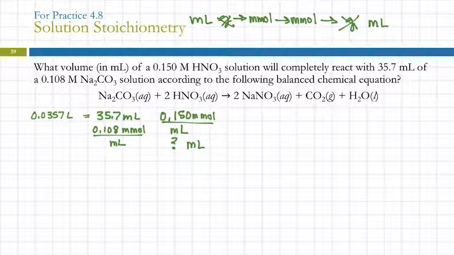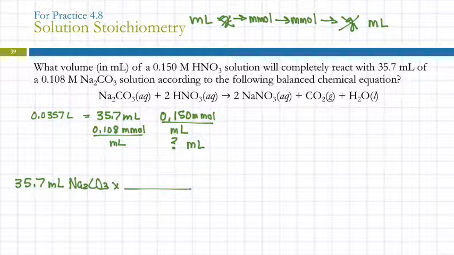So let's go ahead and try this with the millimoles. Milliliters to millimoles to millimoles to milliliters. It just doesn't have the same ring to it. Okay, 35.7 milliliters of Na2CO3. And next will be millimoles of Na2CO3, and I'll have milliliters in the denominator.